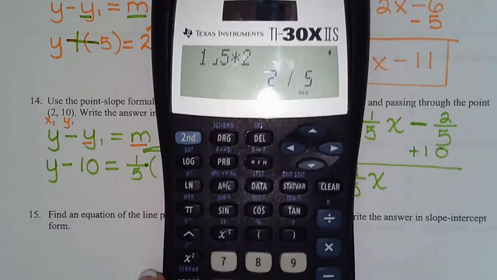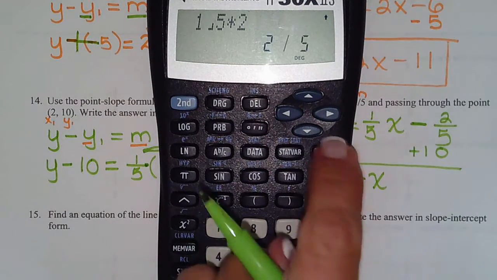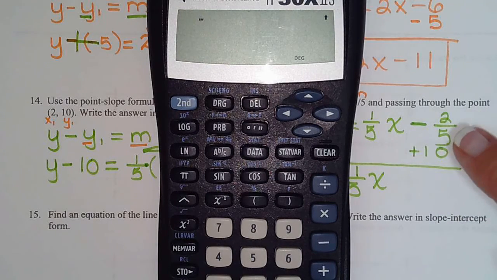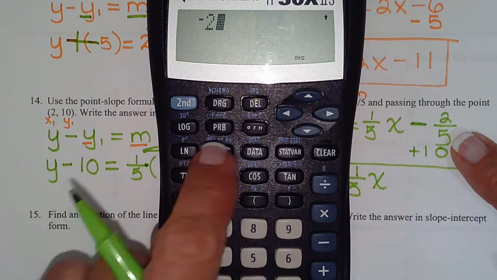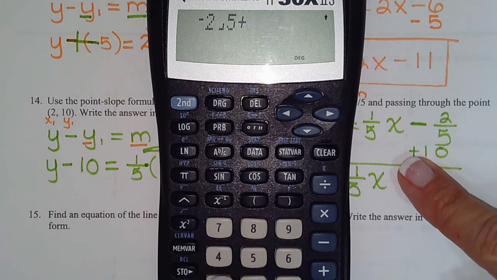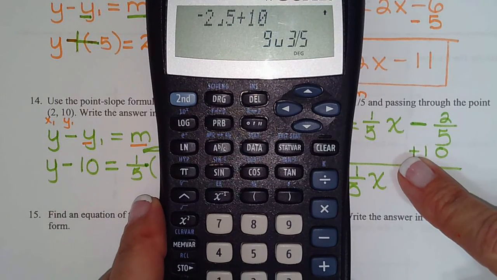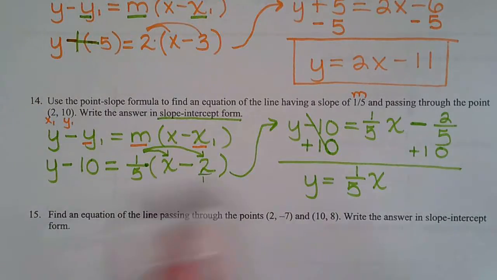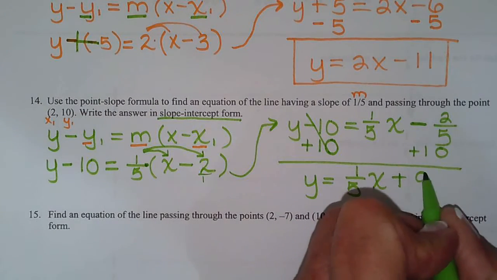So to get this next answer, we're going to do negative, so hit the button at the very bottom, negative 2 fraction bar 5 plus 10. And that's going to be 9 3/5. And it's positive, so plus 9 3/5. Done.